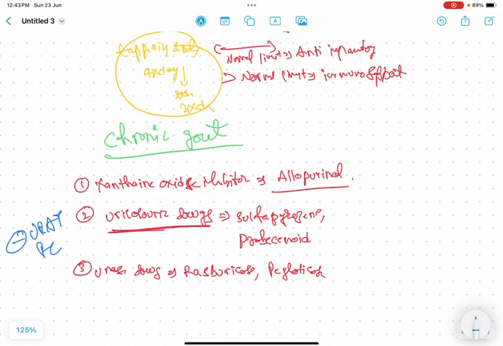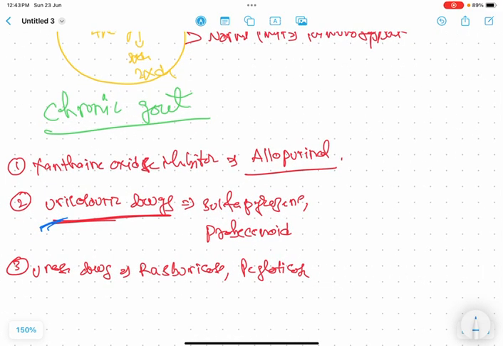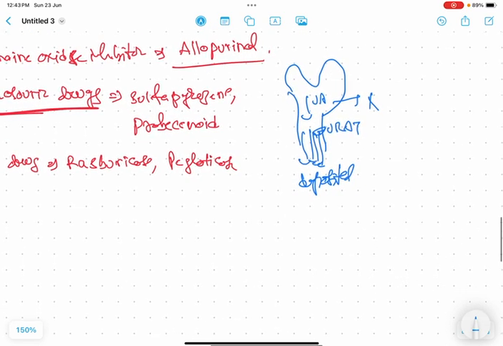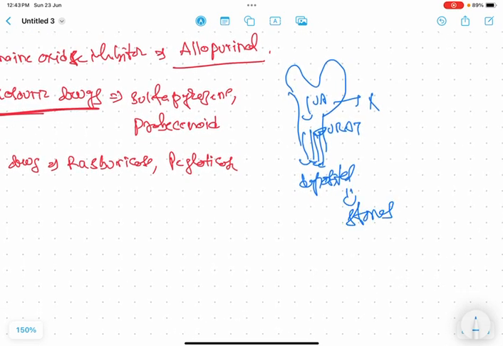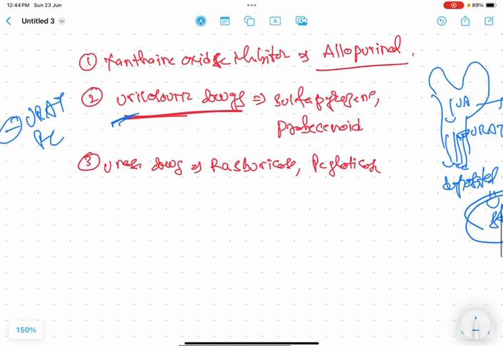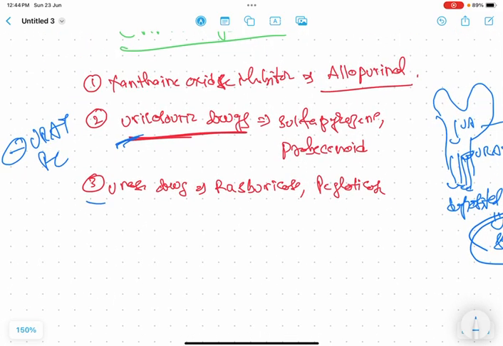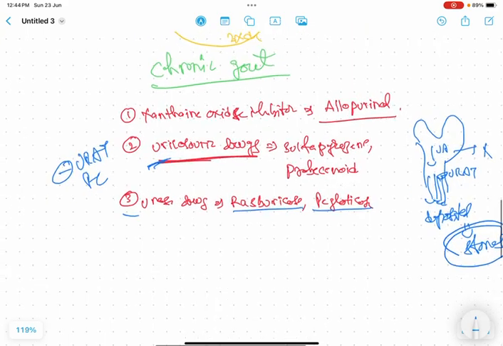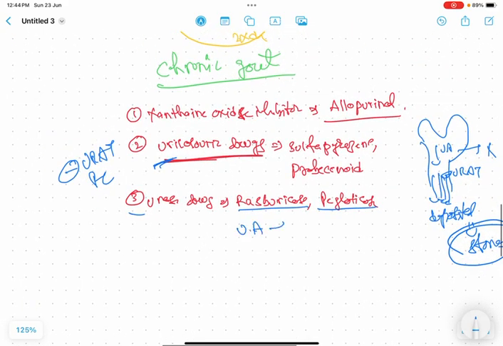The problem in this condition is that, since we are inhibiting the URAT receptor, the uric acid will not be reabsorbed, but this uric acid may get deposited and cause stones. This is the main problem. And the third drug is pegloticase, a recombinant uricase. We told that these drugs convert uric acid into allantoin.